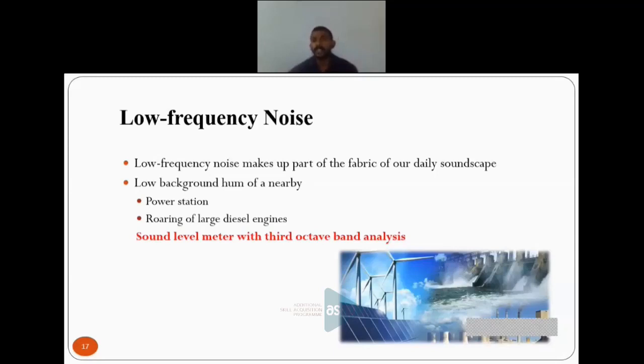In octave band analysis, the noise is recorded with a sound level meter, then separated into different parts, and the frequencies are analyzed to find at what frequency it is produced. That is the type that comes under low frequency noise.